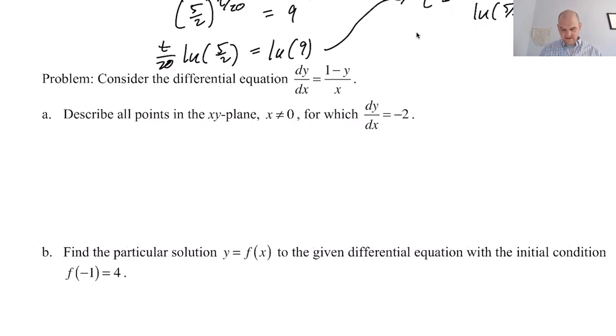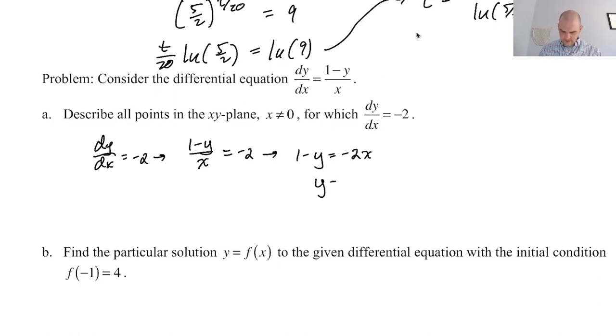We know dy/dx is going to equal -2, so it must be that 1 minus y over x equals -2, which would mean 1 minus y equals -2x, or y equals 2x plus 1.